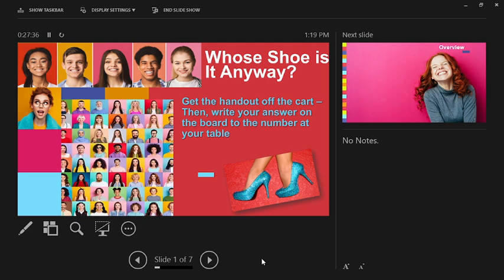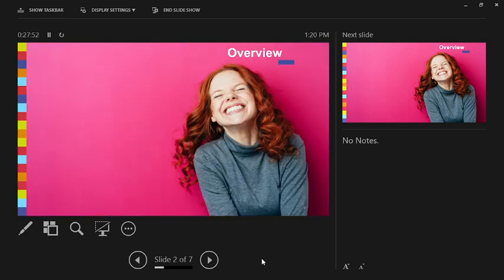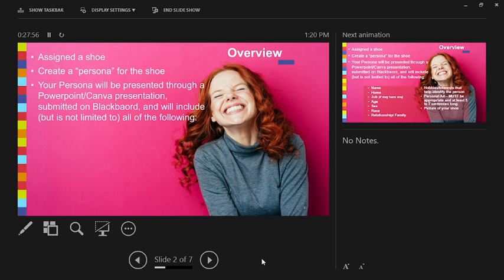Writing. I'll enunciate better. You will draw a number at random, which you all did, which will assign you a shoe. Based off the shoe, you will create a fictitious person, aka a persona. Based off the shoe, you will decide all the following things, right? So you're going to be assigned a shoe, you create a persona, and then you will present all of your things through either Canva or PowerPoint, or if you have another one that you like better than those two, that's fine.